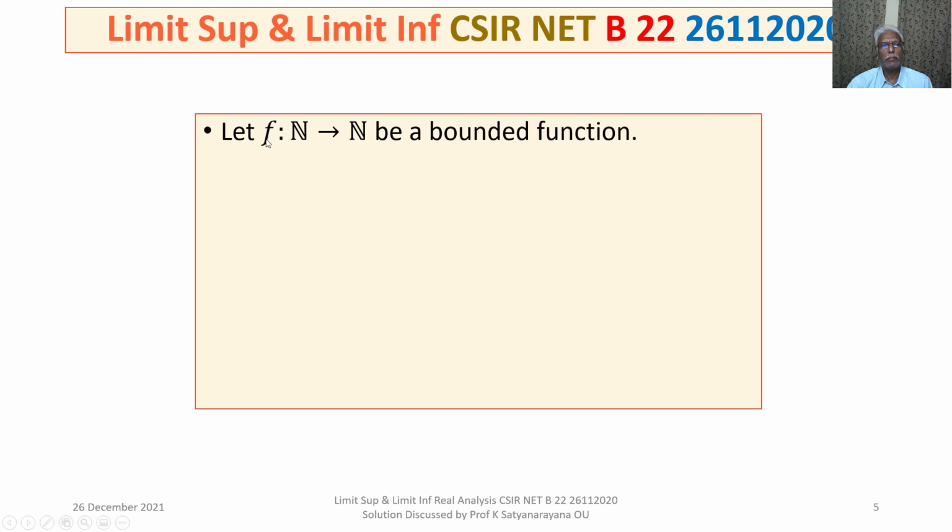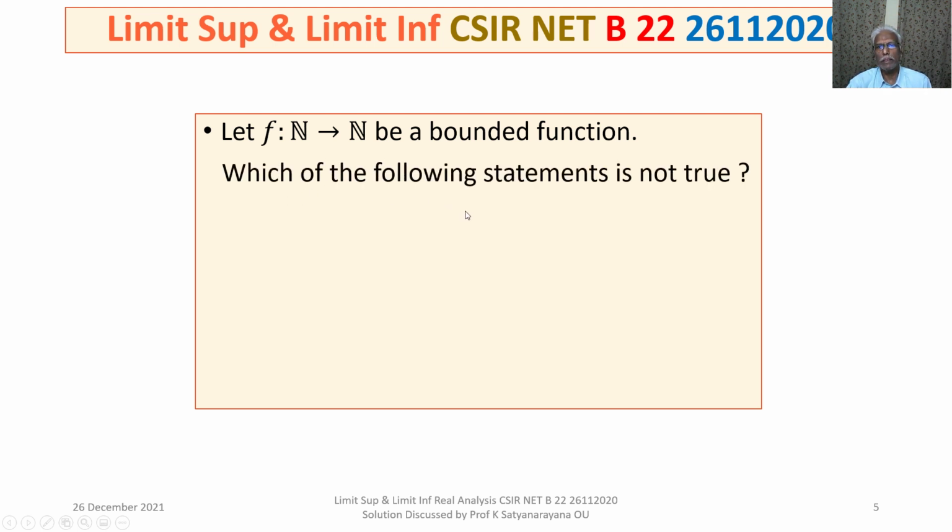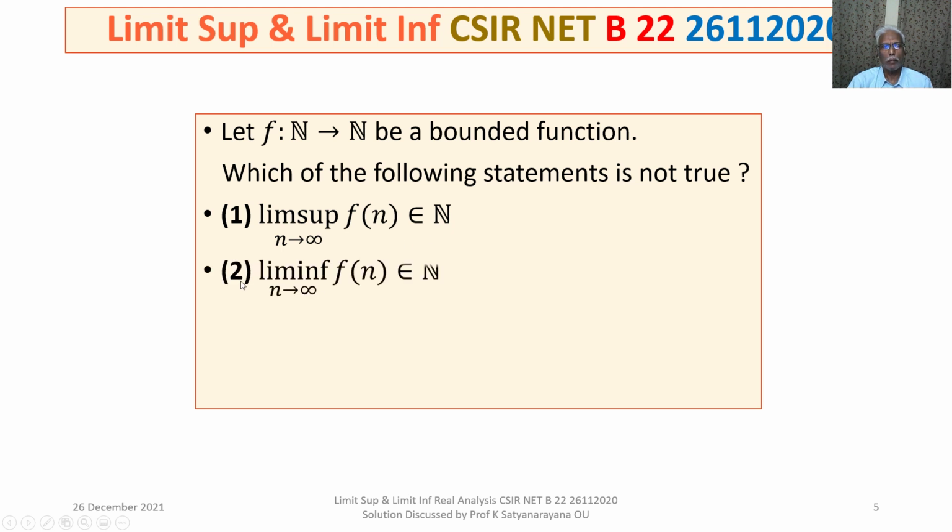The problem is, let f: N to N be a bounded function. Which of the following statements is not true? Option 1. Limit superior of f(n) belongs to the set of natural numbers. Option 2.